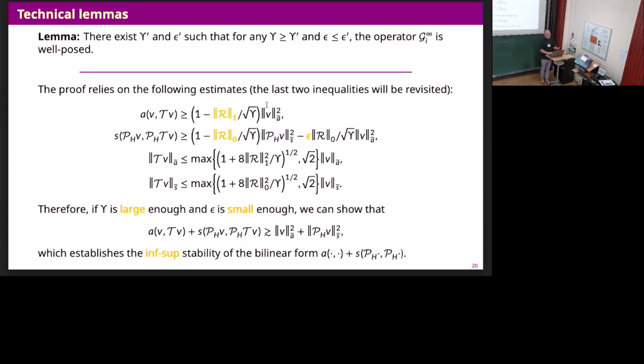And then the main idea is that we will have to assume that this number is the contrast. The contrast should be large enough, bigger than some number. Okay, and this is because of the well-posedness of the original PDE. So the contrast should be high enough.